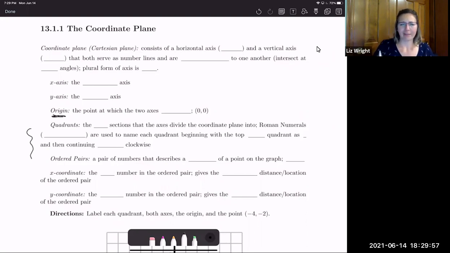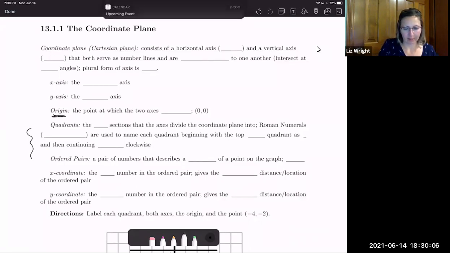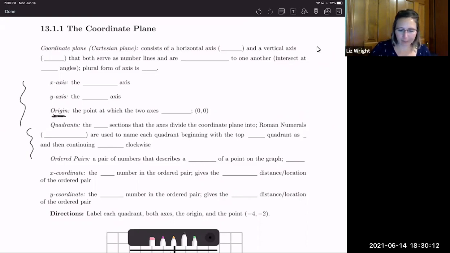Several of the terms that I went over a second ago are going to be covered in these definitions here at the top of our notes. So let's fill in those blanks and check them out.